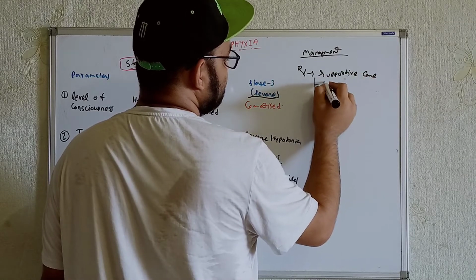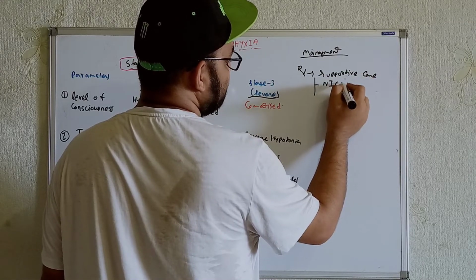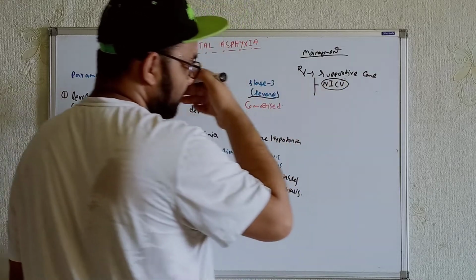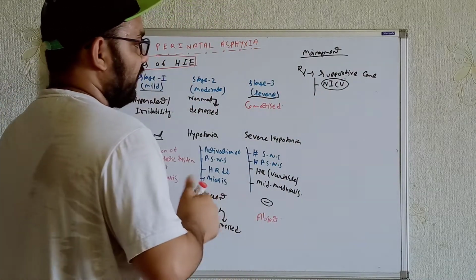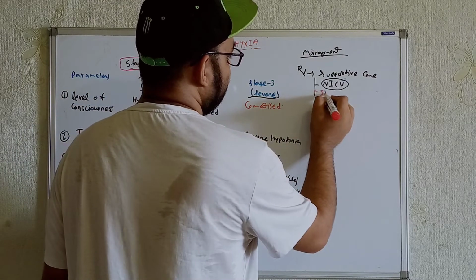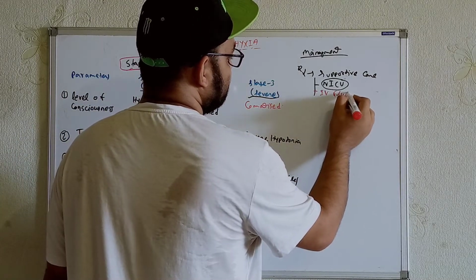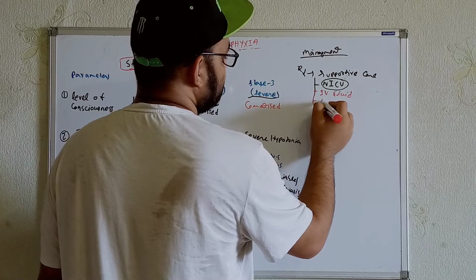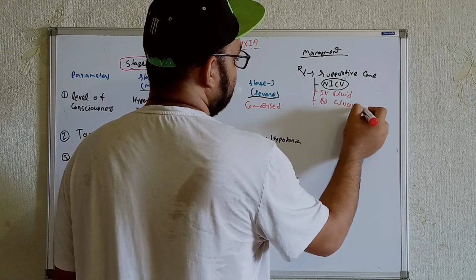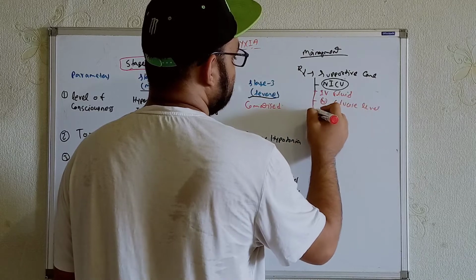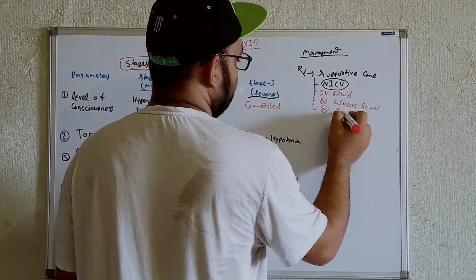That means whenever we are sending the individuals to the intensive care unit, first we have to use intravenous fluid. Then we have to make sure of a normal glucose level. Okay. Then you have to make sure of a normal temperature.